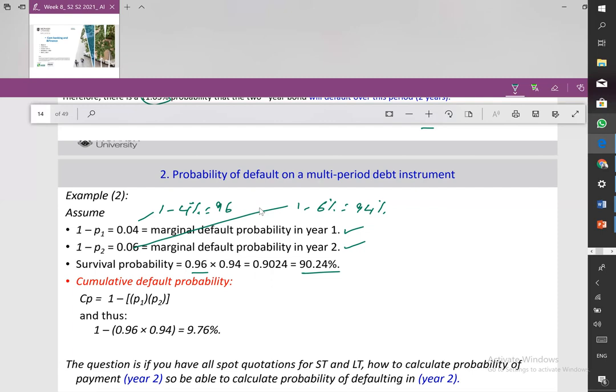The probability of payment over the 2 years, or the survival probability, is 94.08%. From this, I can know the cumulative default, because this is what I'm caring about. I can calculate it as 5.92%, and this is over 2 years. This is just another example.